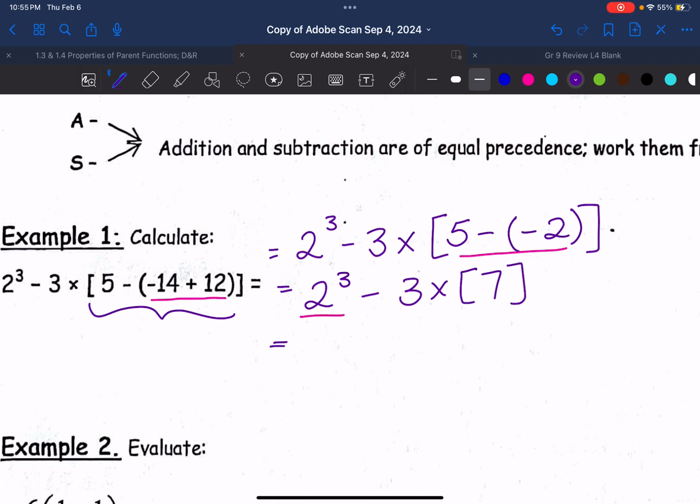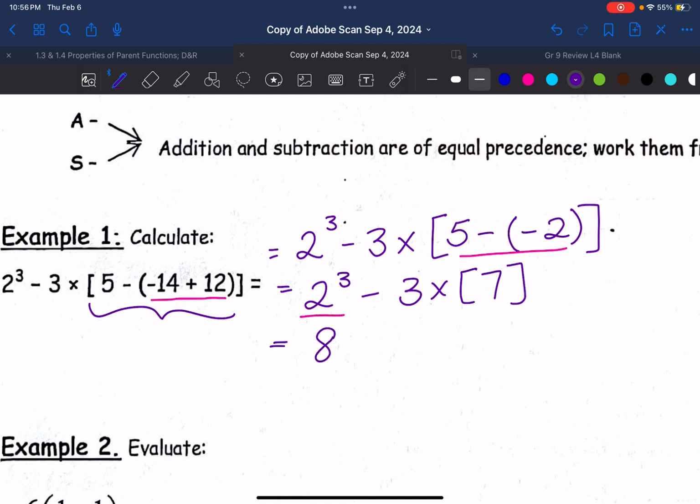A lot of people will see this and say that it's 6, but that is not true. The power just means that's how many times you're going to multiply 2 by itself. So this is really 2 times 2 times 2, which will be 8.